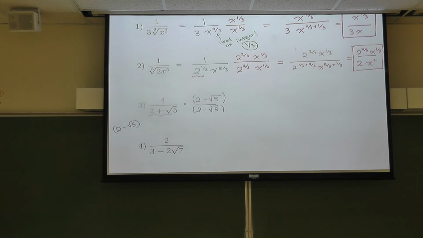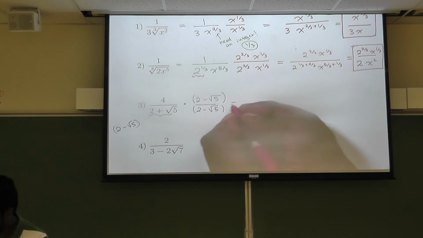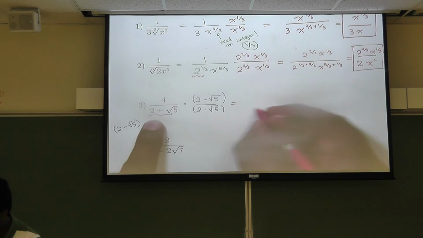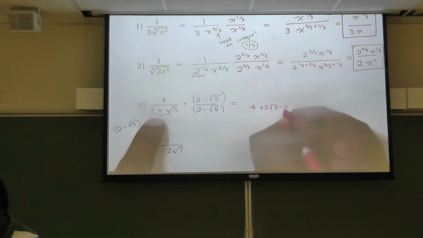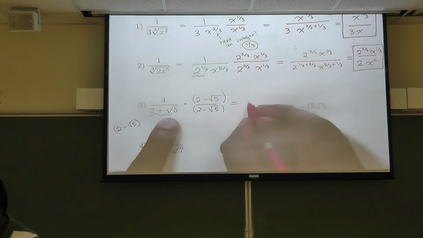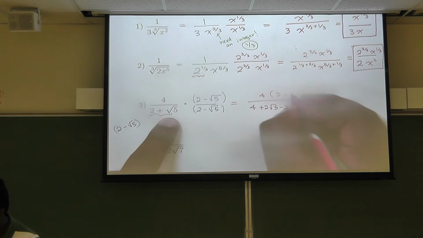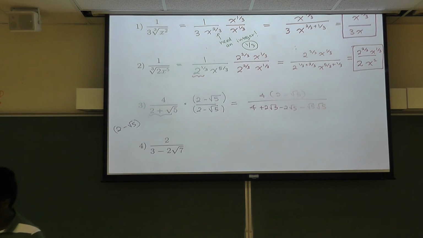Now you can use FOIL or you can use the special product, but right now, as I realized that we did not do special products, we can just do FOIL. So that would be 4 plus 2 root 5 minus 2 root 5 minus root 5 times root 5. That's in the bottom. And on the top you have 4 times 2 minus root 5.